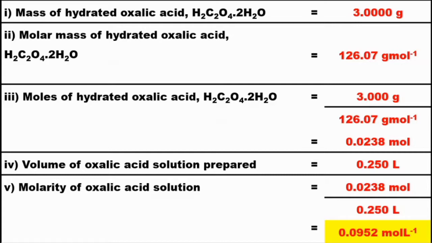But remember, this concentration is for 3 grams of hydrated oxalic acid. So for those who get 2.9999 or 3.0001, your molarity would be slightly different from this molarity.